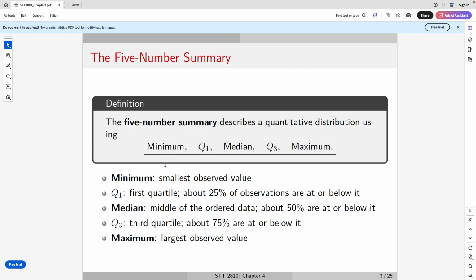The median is also like the 50th percentile, and then the third quartile, which is also called the upper hinge, is the value where 75% of the observations are at or below it. And then the maximum is the largest value. So it's very important that you get this order right.